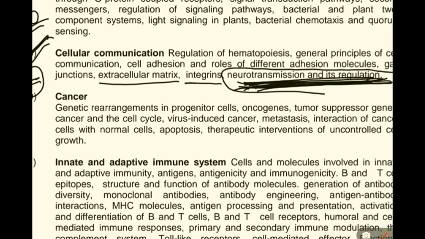Various adhesion molecules: how a cell attaches to the extracellular matrix, to the basal membrane, to other cells, how a cell allows its molecules to pass to the other cell, whether it has a gap junction, whether it has a tight junction. We will be dealing with this in this chapter on cellular communication.